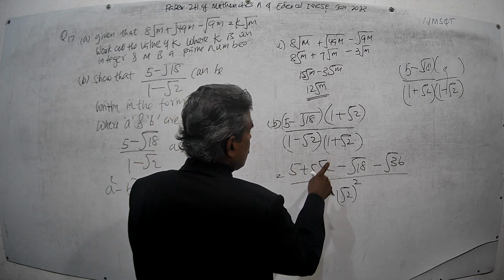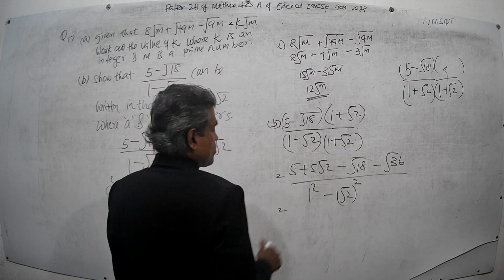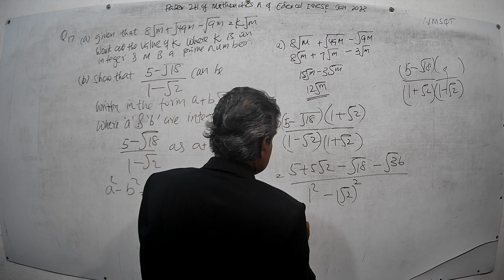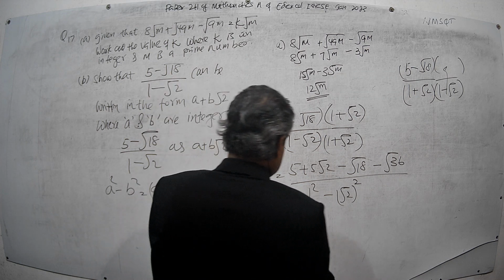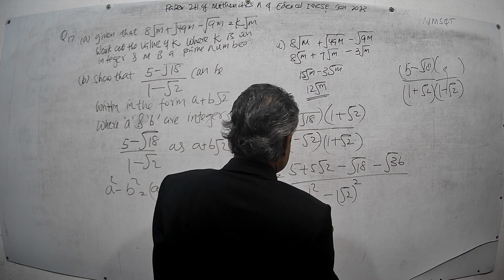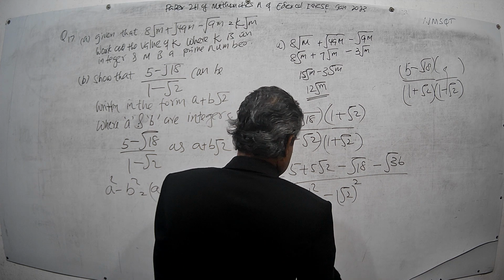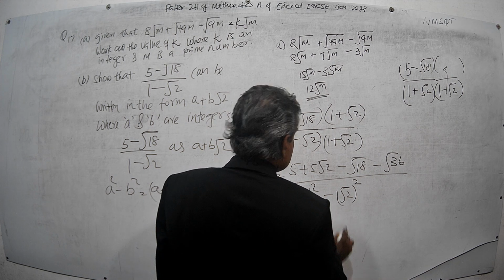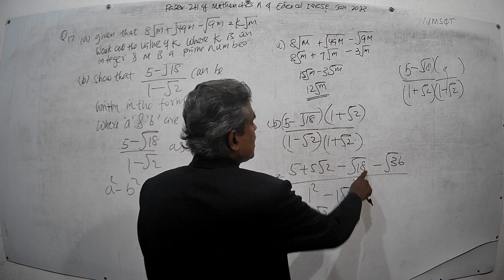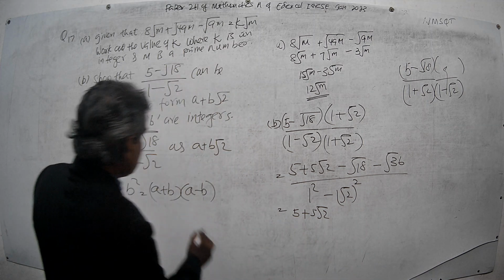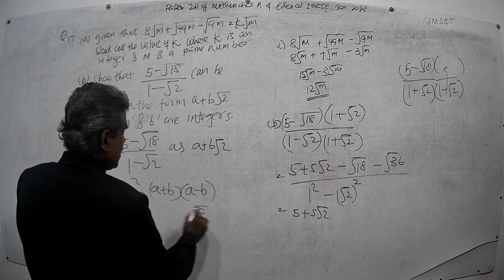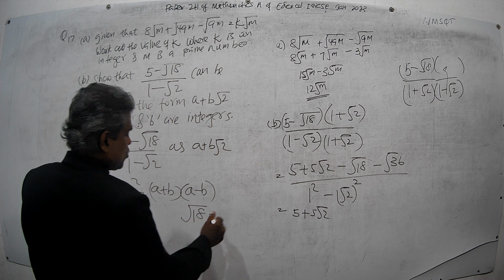Then we will do the top: you can write 5 plus 5 root 2. Then root 18 we can write as root of 9 times 2.